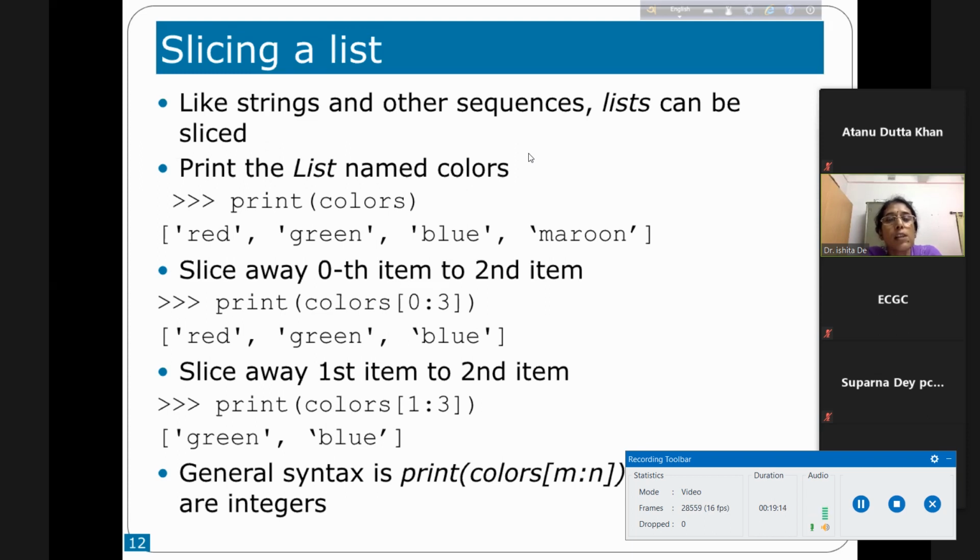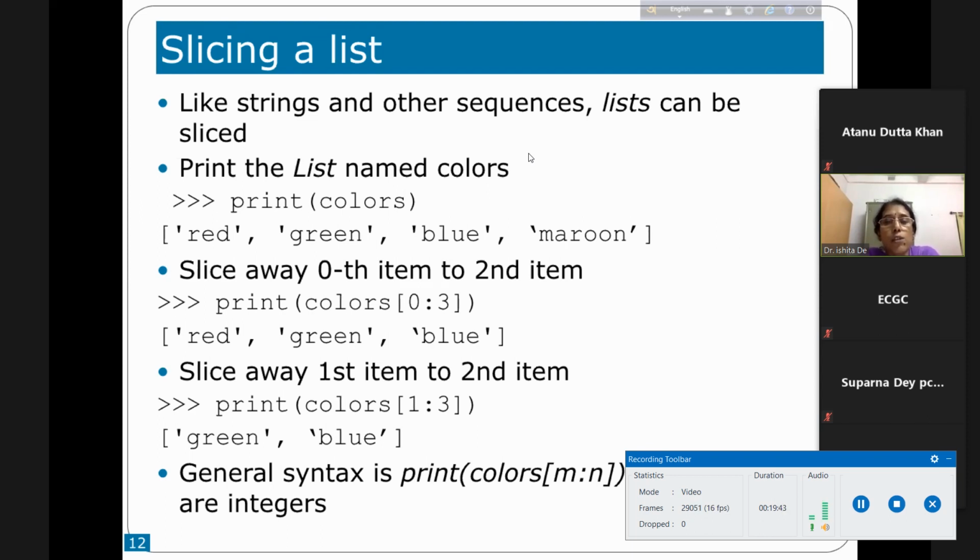That will give us the item at index 1 and the item at index 2, green and blue. The general syntax is, in general, we can slice from the mth element up to the n-1th element using print colors[m:n], where m and n are integers.